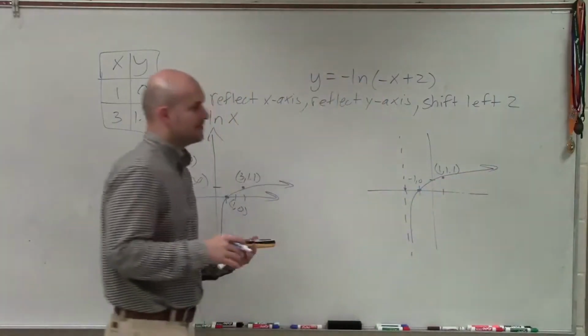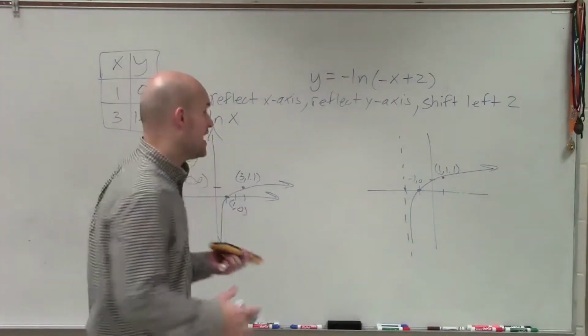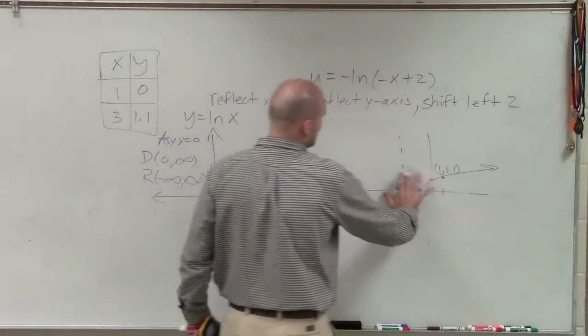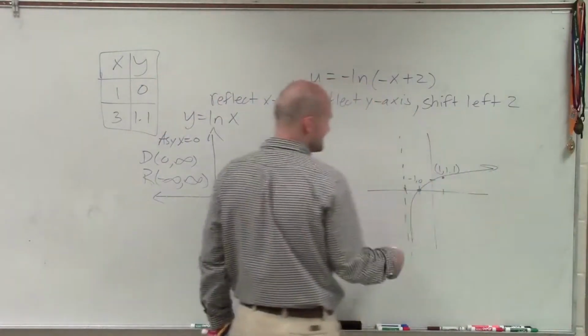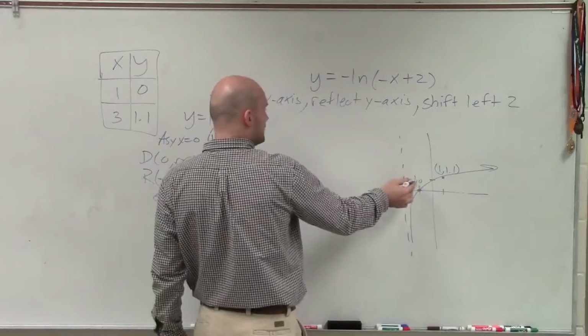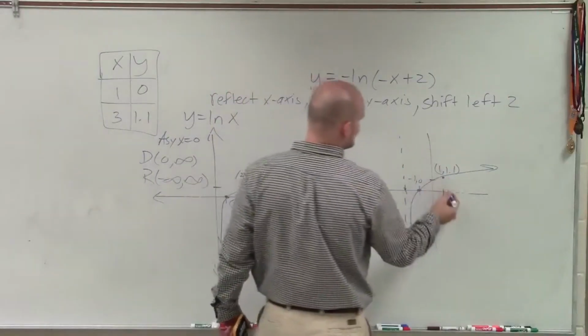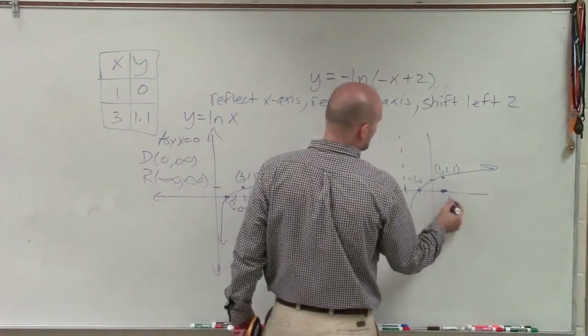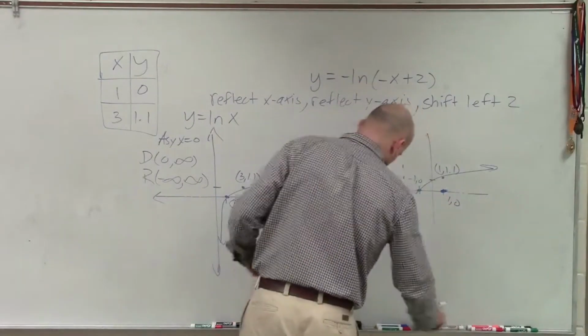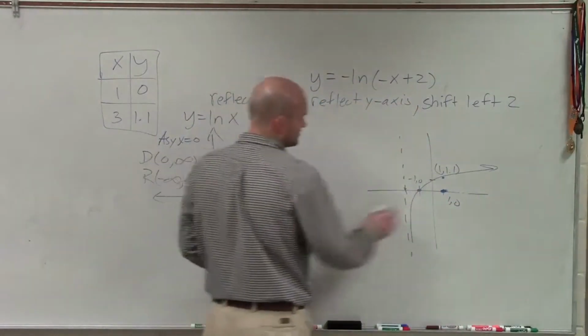But now, ladies and gentlemen, we have two reflections. I'm now going to take this graph and reflect it over my y-axis. So at -1, 0, reflected over the y-axis is going to take me back over to 1, 0. And let's actually do this in a different color.